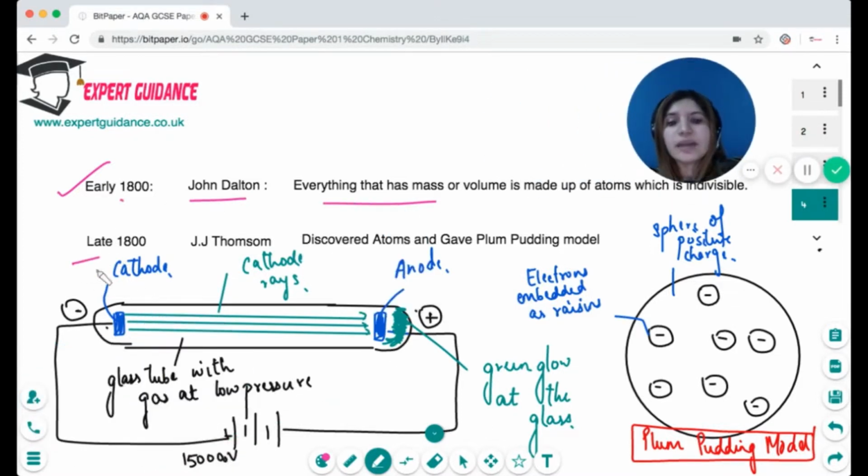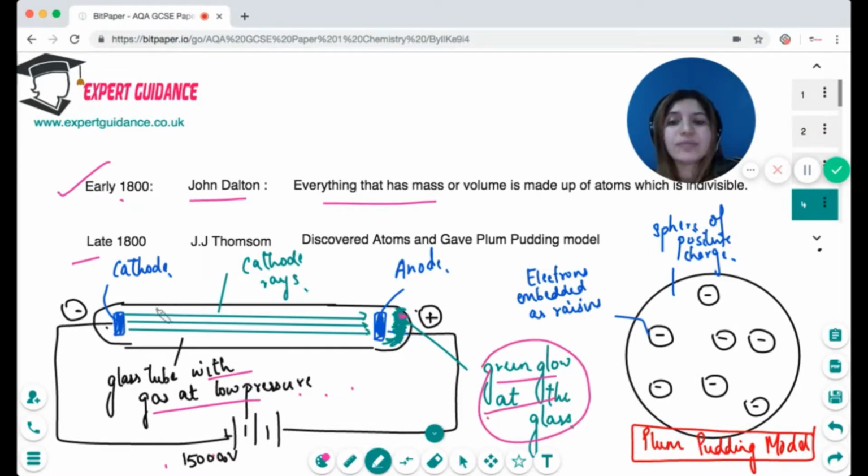Thomson. Now what he did was, he took a glass tube, and in this glass tube, he kept a gas at a very low pressure. The gas tube had a cathode and an anode, and it was given a very high voltage, around 150,000 volts. At such a high voltage, he saw that the glass tube gave a green glow. And where did the green glow come from?